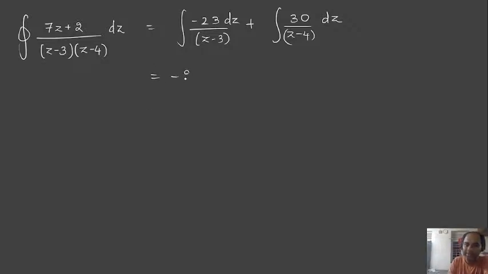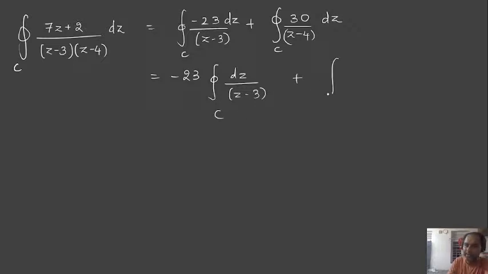So minus 23 integral over the curve C, when you are doing this, don't perform the regular integration. This is not regular integration. Here you are supposed to write the answer with the help of the Cauchy integral formula that we have learnt.